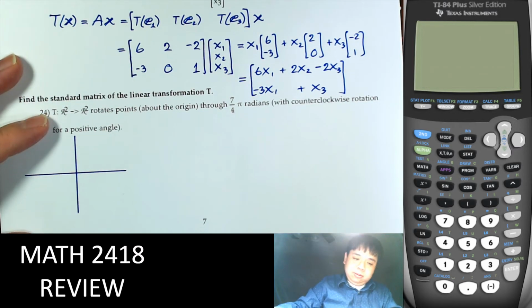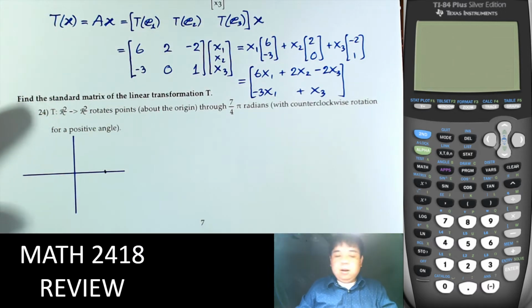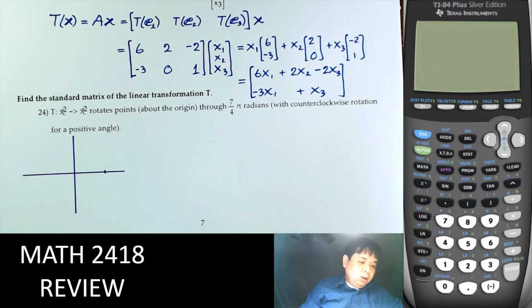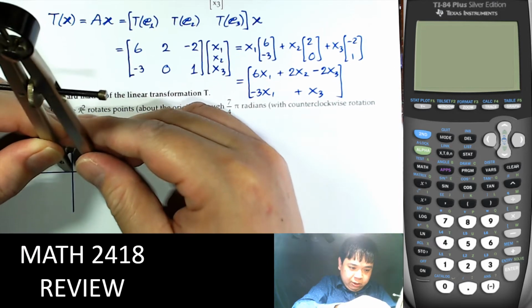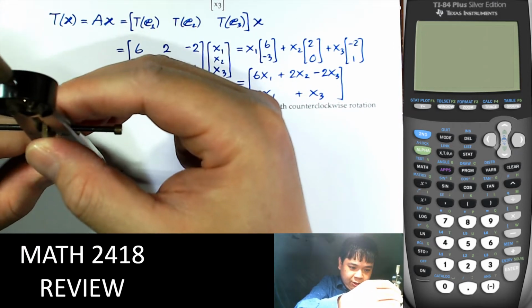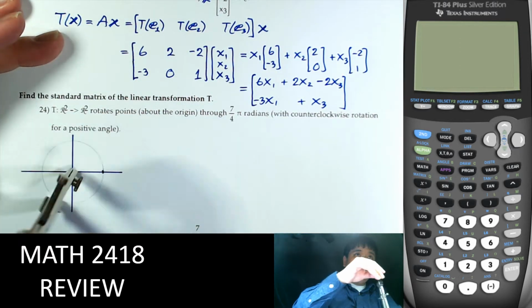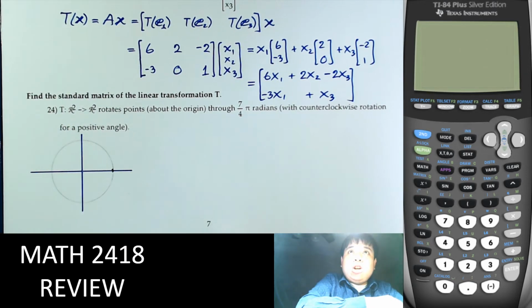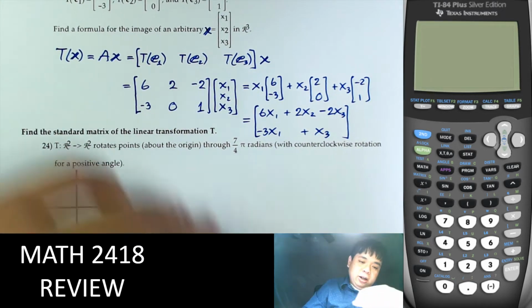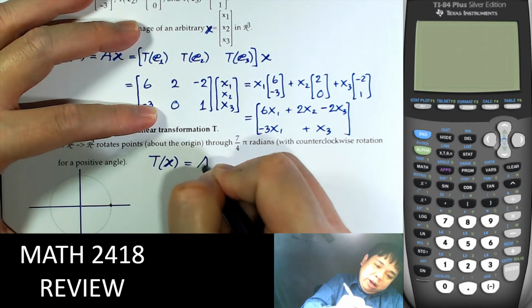Of course, we can draw the unit circle. Just like what we did on the previous problem, we write T(x), the transformation, equal to a matrix A times x.